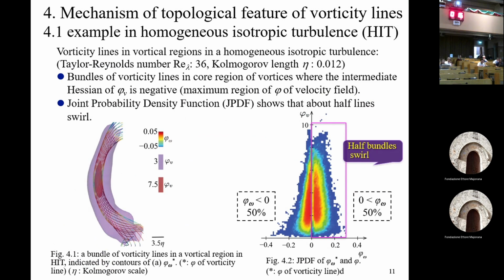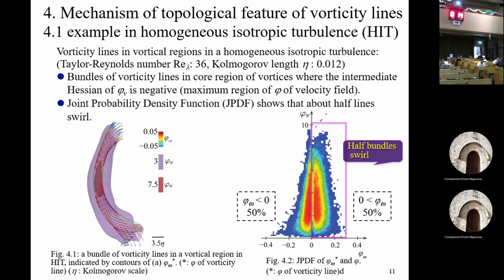So now we investigate mechanisms of the topological feature of vorticity lines using some examples of vorticity lines in homogeneous isotropic turbulence analyzed in direct numerical simulations, where the Taylor-Reynolds number is low. The bundle of vorticity lines is identified in the core region of vortices, where the intermediate Hessian eigenvalue of the swirlity of the velocity is negative.